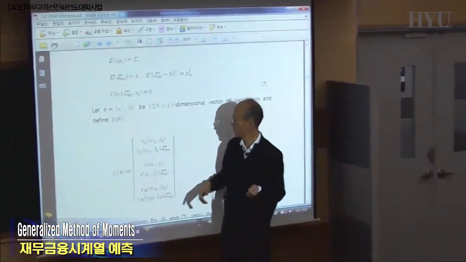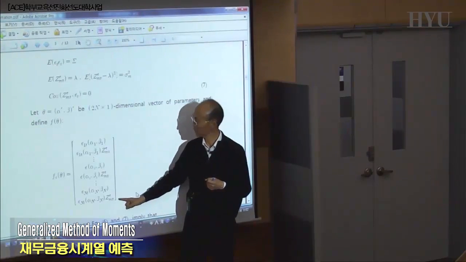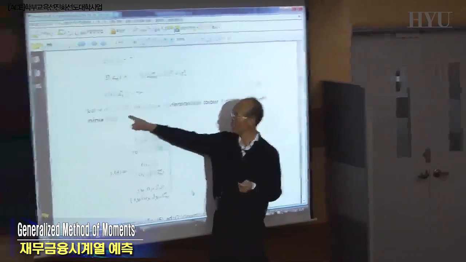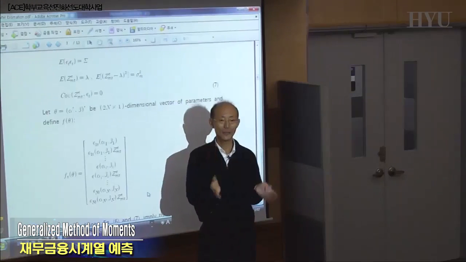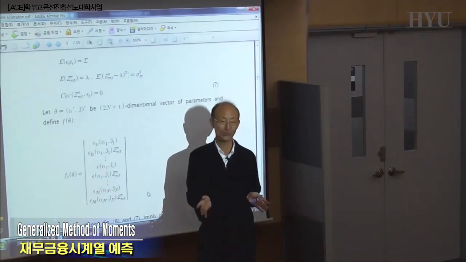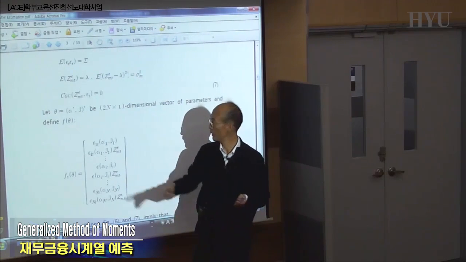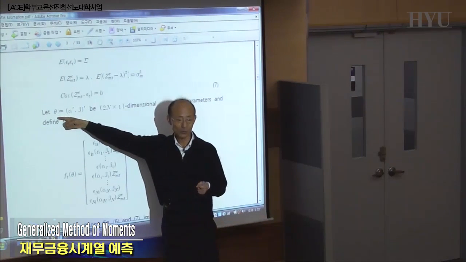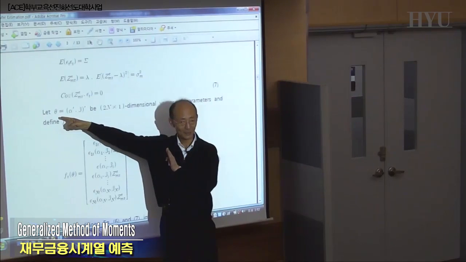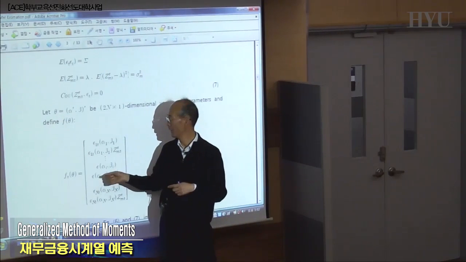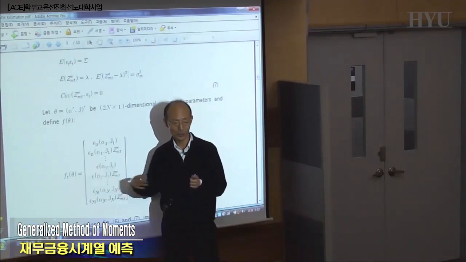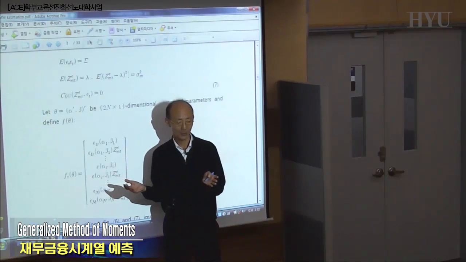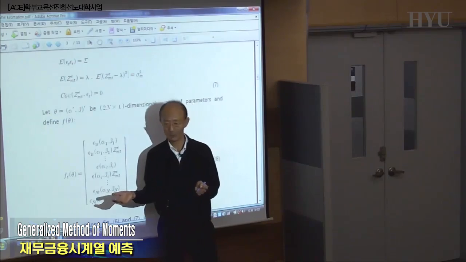Of course, if the number of moment conditions is smaller than the number of parameters, then that is the under-identified case. So you need to have at least exactly identified or over-identifying moment conditions to start with.